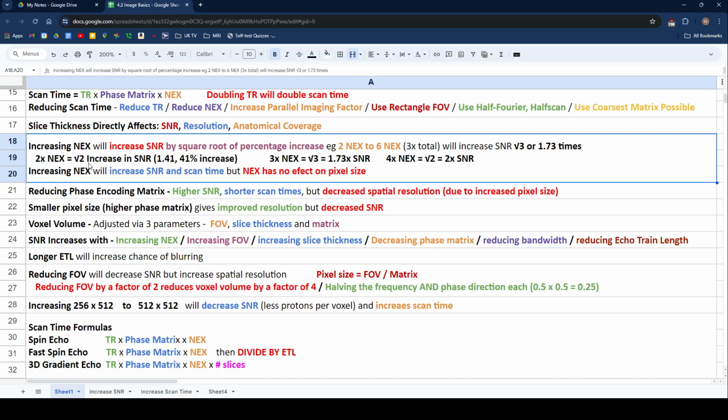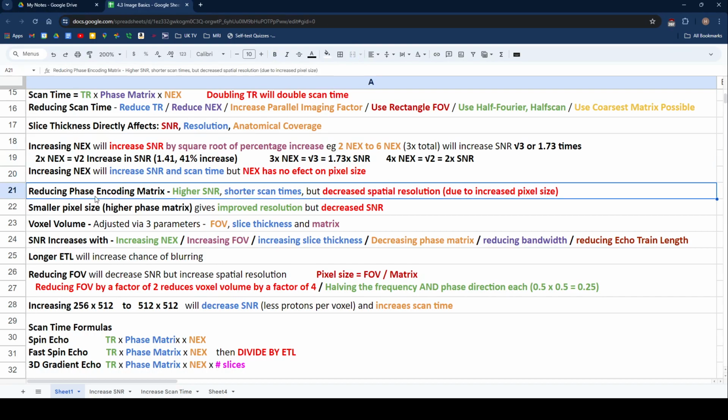So 2 times more, you're going to get 41%. 3 times more, 73%. And 4 times as many NEX, you're going to get double the signal to noise. Increasing NEX will increase signal to noise and increase scan time, but NEX has no effect on pixel size.